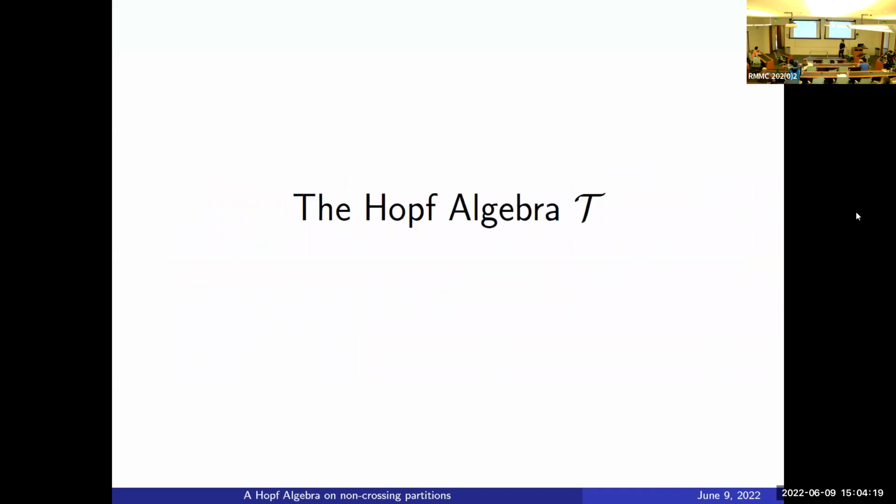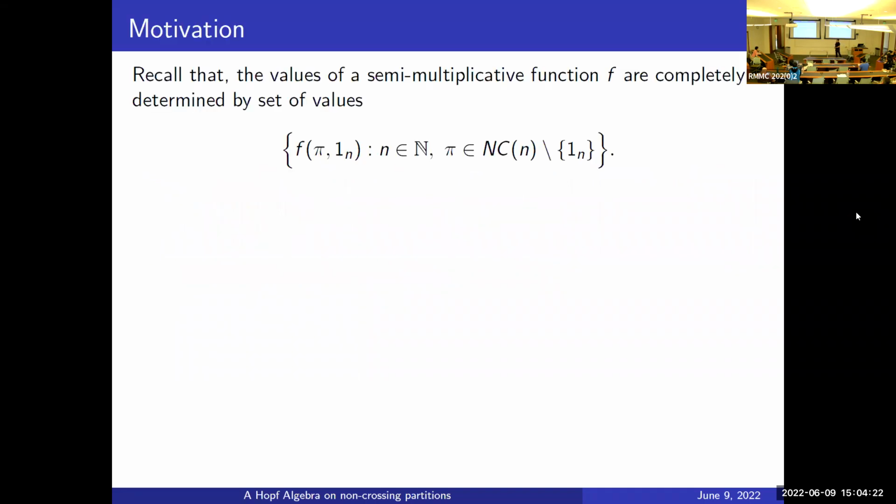Okay, so let's start with the Hopf algebra T. Just recall a bit the motivation. We have these semi-multiplicative functions. An important thing to notice is that these functions only depend on non-crossing partitions. The functions are defined for intervals, taking a smaller partition pi and a bigger partition sigma, and this semi-multiplicative property allows us to write every value of the function in terms of only intervals from pi to 1n.